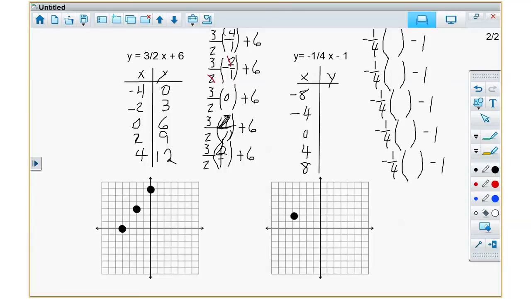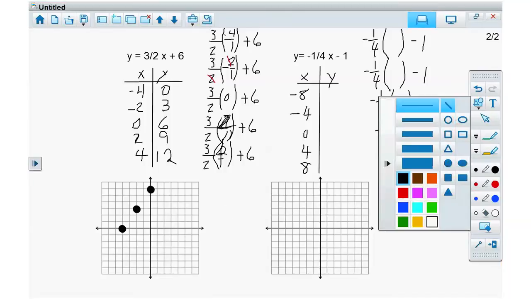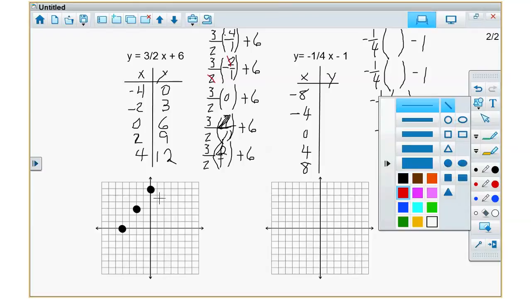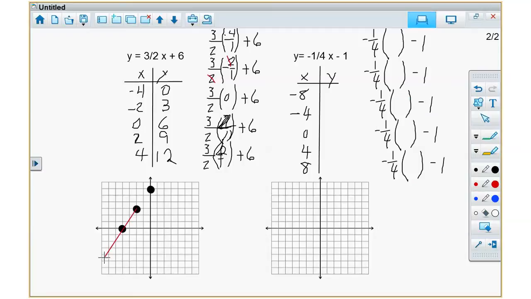That's all we can plot on this one. There's your line.